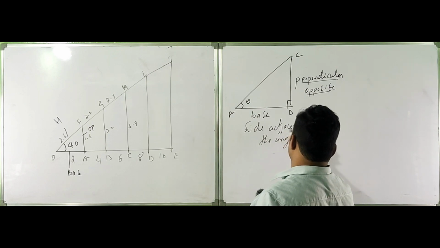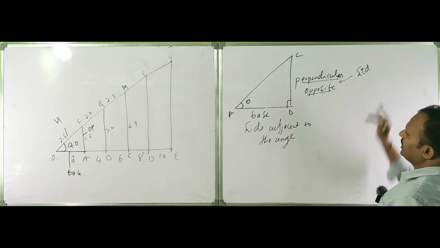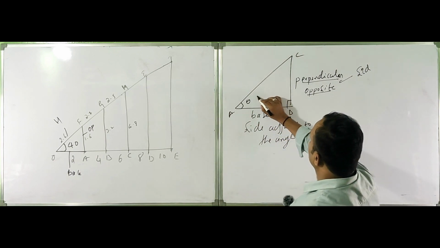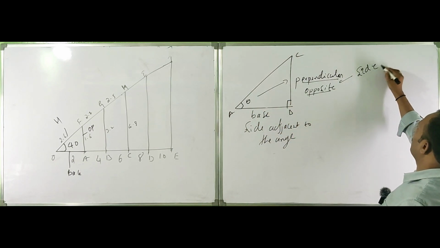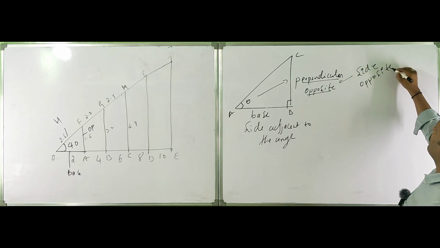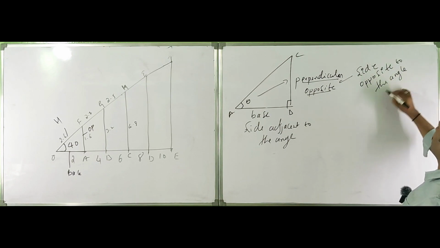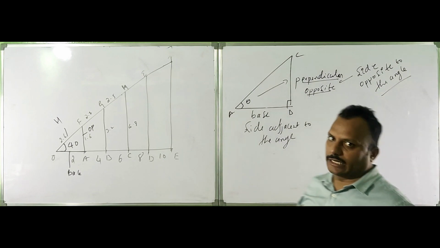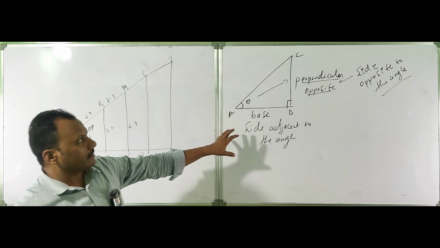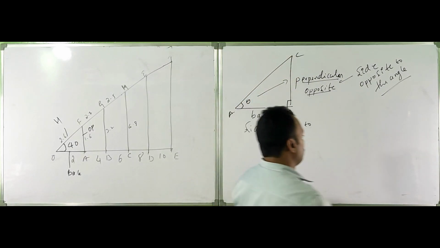Now this is the theta, so this becomes the adjacent, and this becomes the opposite, the side opposite to the angle. In any right angle triangle, even in a circle, you can make the right angle. This should be considered. If you are taking this as theta, then this becomes the opposite.